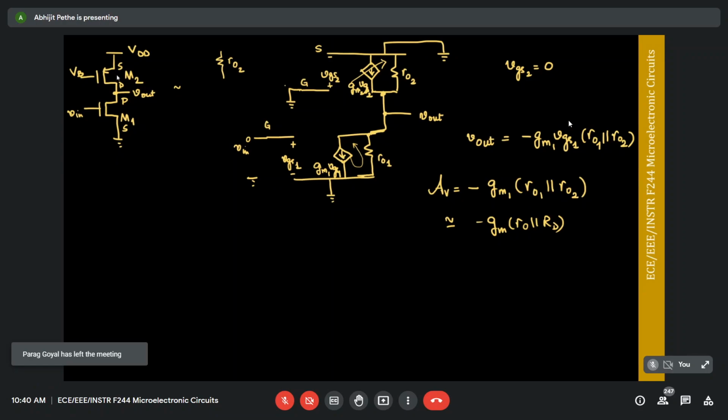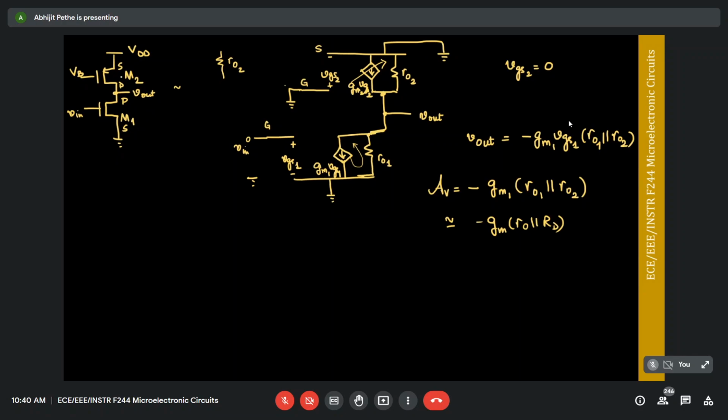So when the transistor is biased in saturation, it offers a small signal resistance which is very high. There's a difference between the two circuits that we looked at. When we had just pure RD, the DC value of RD was also the same. Here, the DC value of the resistance is going to be very, very high.